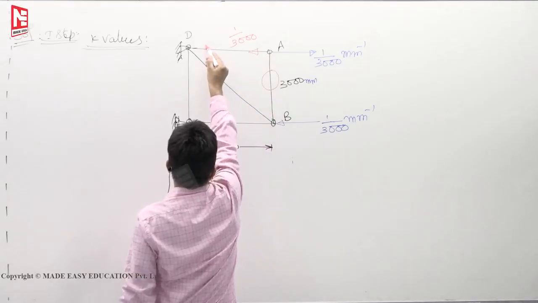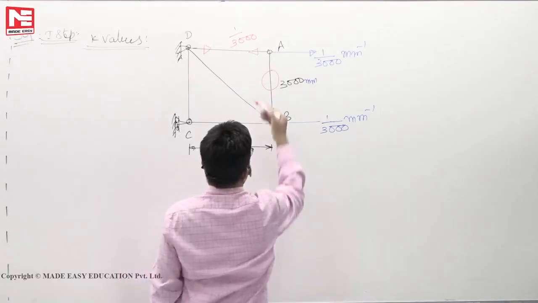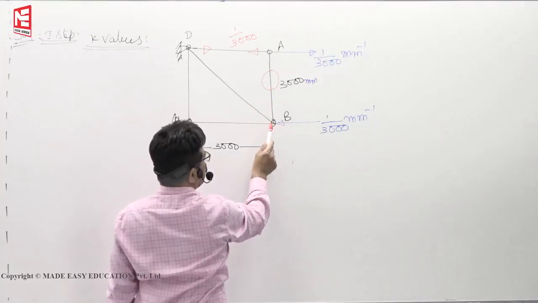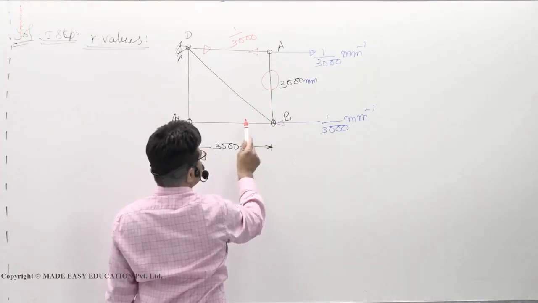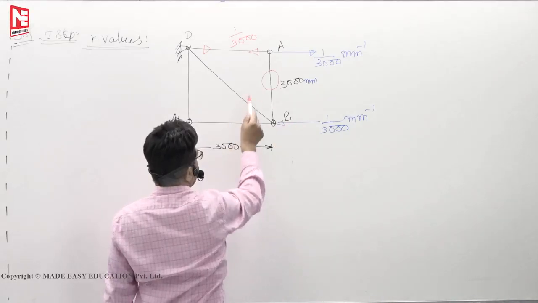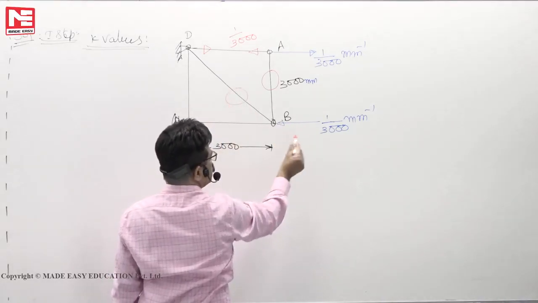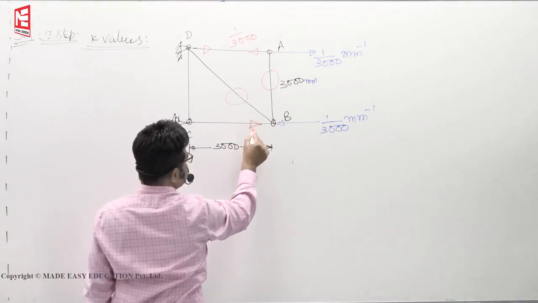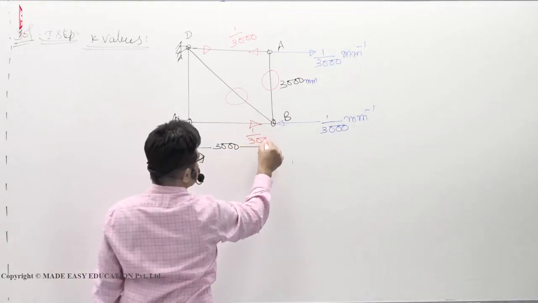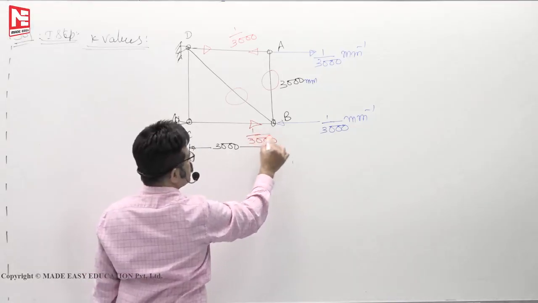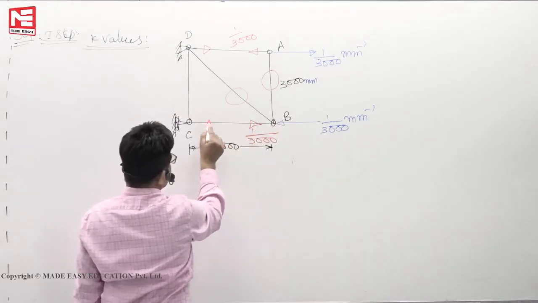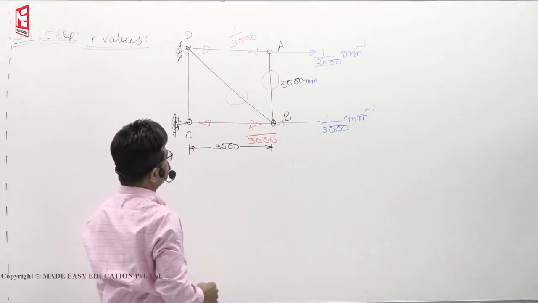Away from the joint, away from the joint. Leave it off. Come here. Already it is 0. Now at B, how many are there? 1, 2, 3. 2 are in line. So third must be 0 now. This arrow is acting left side. To balance it, this arrow must be right side. 1 by 3000. Okay. Since arrow is towards the joint, here also it should be towards the joint.